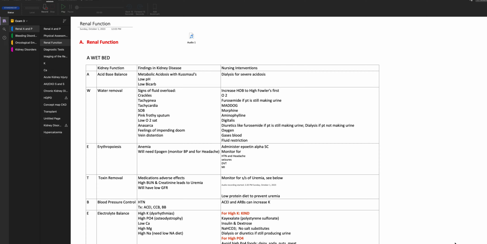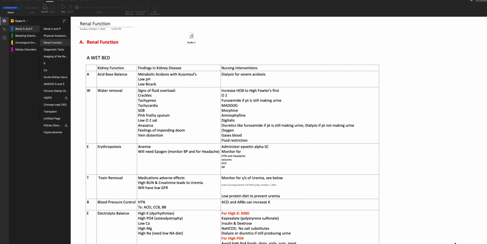What you're going to find in people with kidney disease is that they can no longer maintain that balance, so the patient is going to have metabolic acidosis with Kussmaul's respirations, which means they're going to have a low pH and a low bicarb. So what we do for that is, first of all, you're going to correct whatever it is, if you can. Acute kidney injury, you might be able to eventually correct it. But with chronic kidney disease, you may not, only with dialysis for severe acidosis.